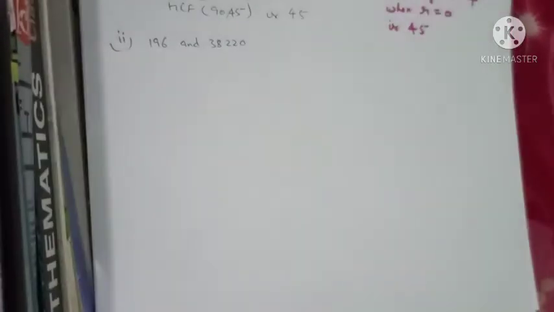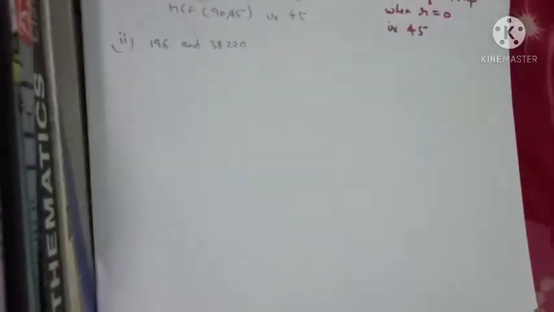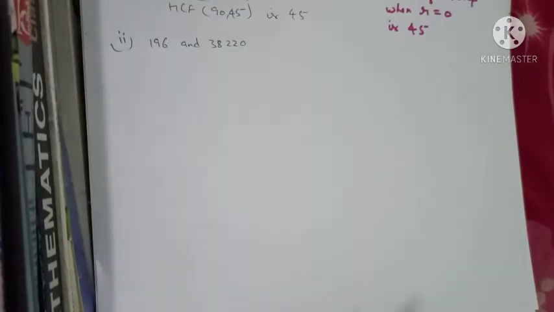Similarly in the second part also we have to calculate the HCF of 196 and 38220 by using the Euclid division lemma.